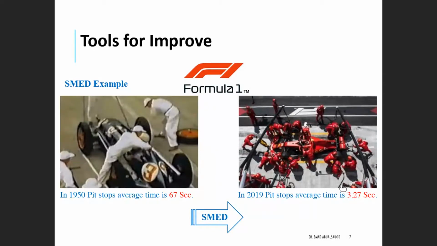One person is removing those joints or bolts from here, this guy is removing, this guy is installing, and then this guy again. All this is done simultaneously on all 4 tires at the same time. So that's an example of SMED in the sports industry, and it can be in other industries as well.